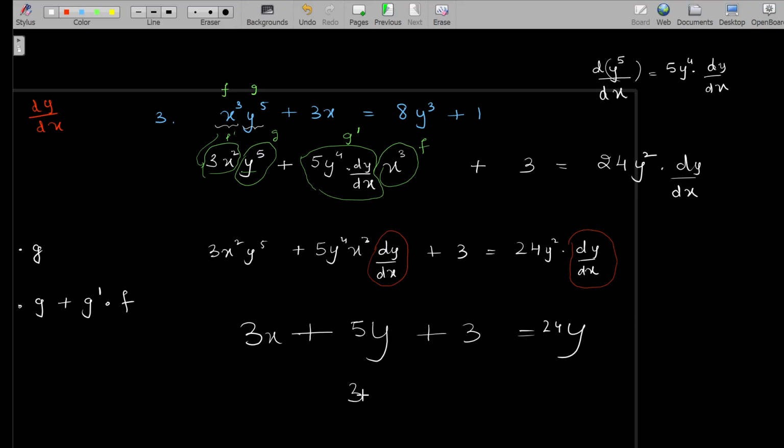So you would get 3x plus 3 is equal to 19y. You said that you would subtract this 5y from both sides, and then finally we will divide the equation by 19. So 3x over 19 plus 3 over 19 will be equal to y, right?